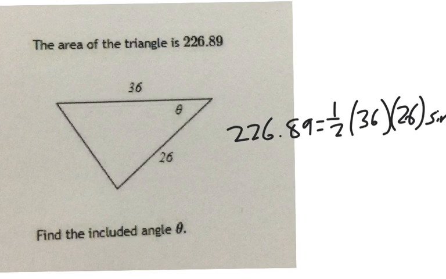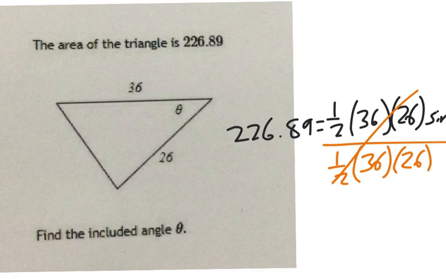Now we need to isolate theta. Theta is not by itself because we're taking the sine of it, and it's being multiplied by those three numbers. So let's divide by those three numbers. That makes it cancel over here. Do the same to this side: 1/2 times 36 times 26.